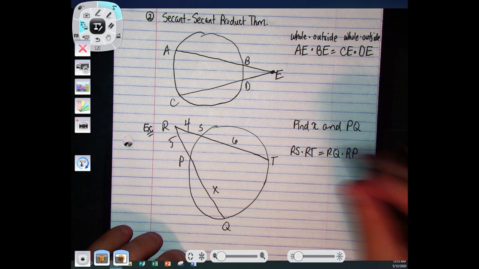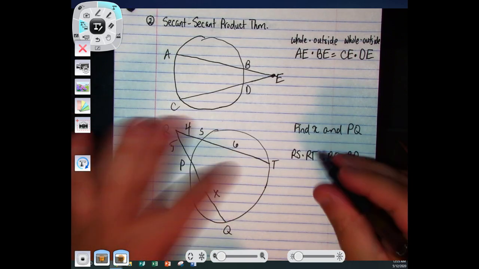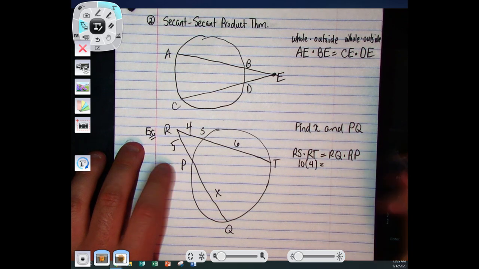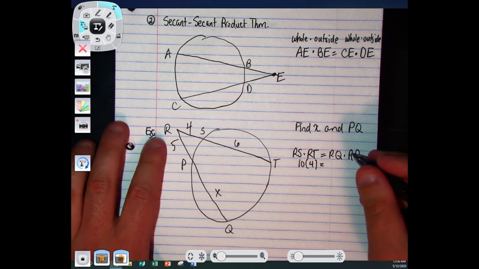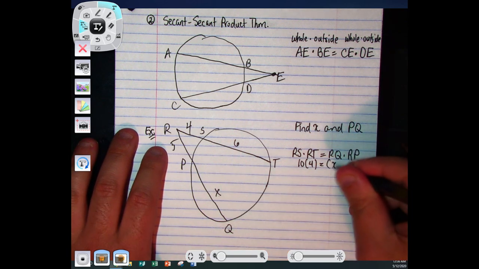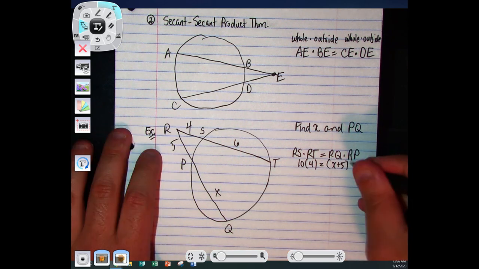We know that RT, the whole segment, is 10. We know that RS is 4. That's equal to RQ, which is X plus 5, times RP, which is 5.